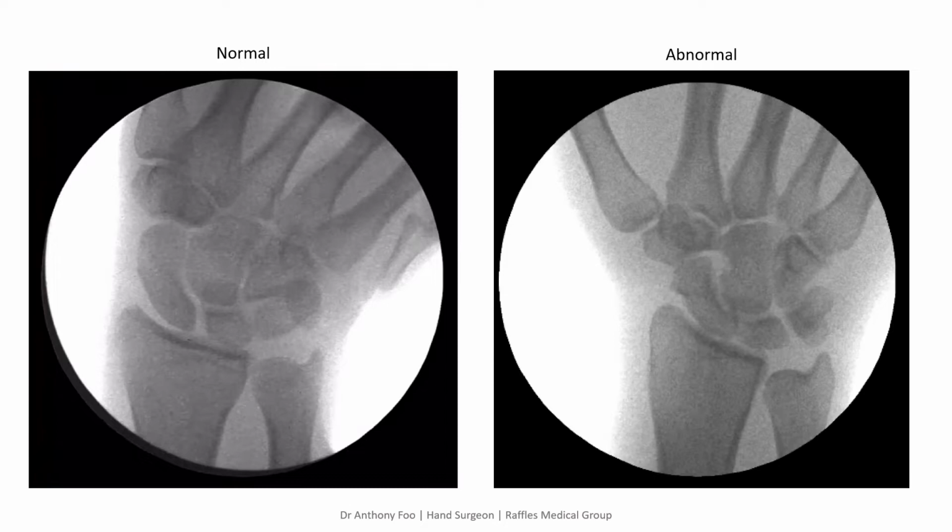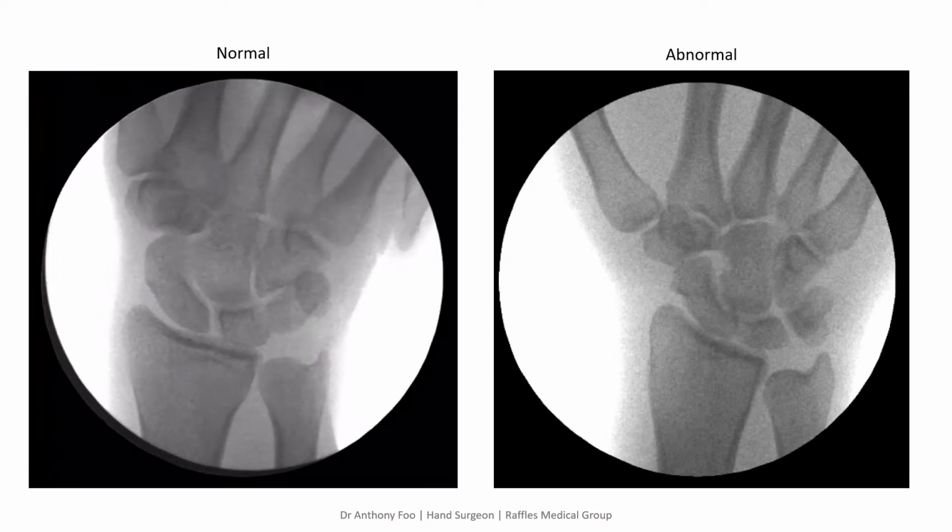So with an abnormal movement like this, patients going through repetitive activities would experience inflammation and pain around the wrist, and also a lack of confidence or ability to weight bear on the affected wrist.